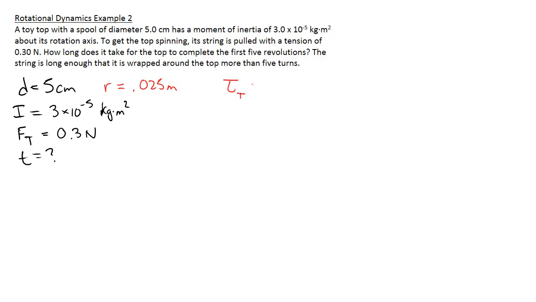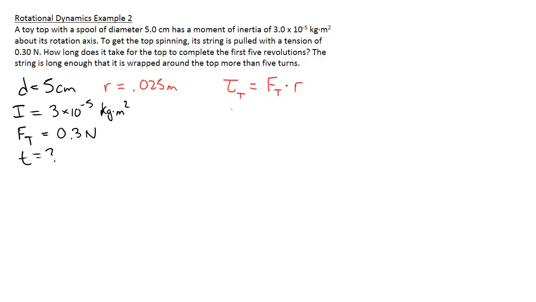The torque is just equal to the force of the tension times that radius. Because it's spinning around the center, and that's its rotation axis, that's going to be the radius we use for the distance of the torque to the center of rotation.